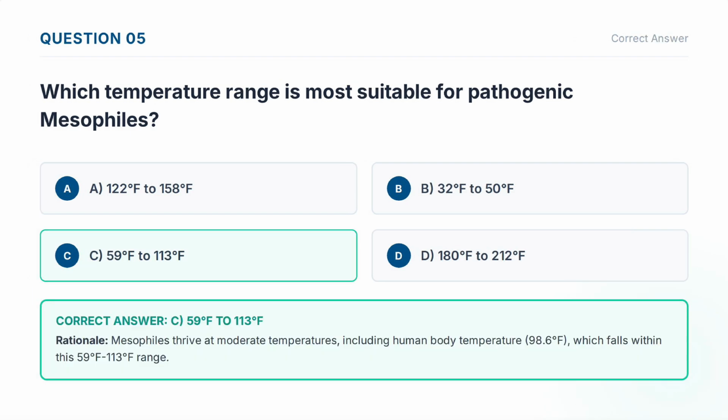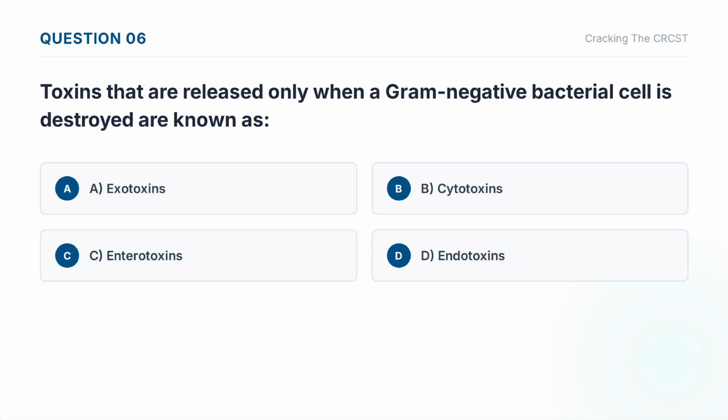Correct answer: C. 59 degrees Fahrenheit to 113 degrees Fahrenheit. Rationale: mesophiles thrive at moderate temperatures, including human body temperature, 98.6 degrees Fahrenheit, which falls within this 59 degrees Fahrenheit to 113 degrees Fahrenheit range.